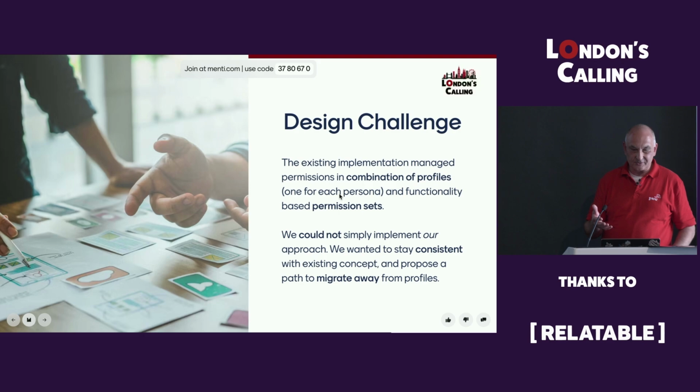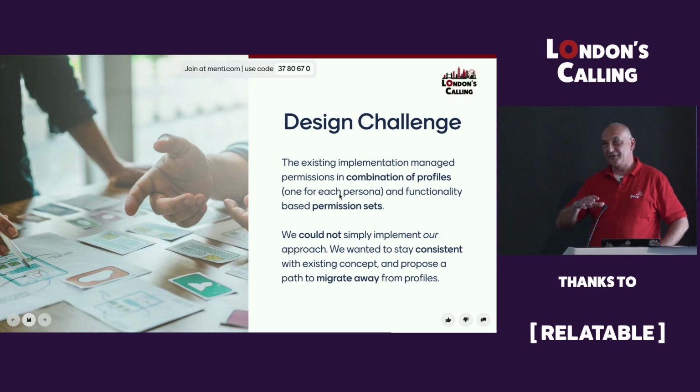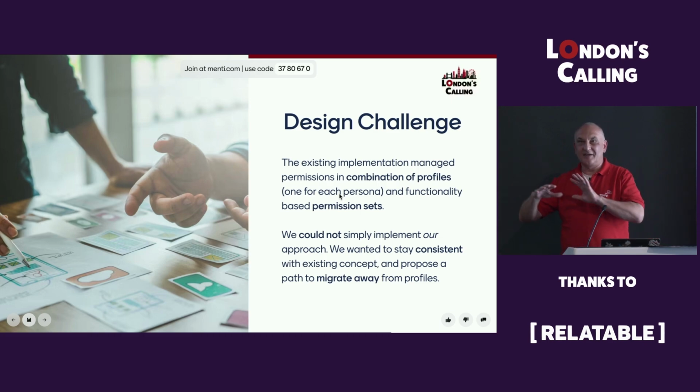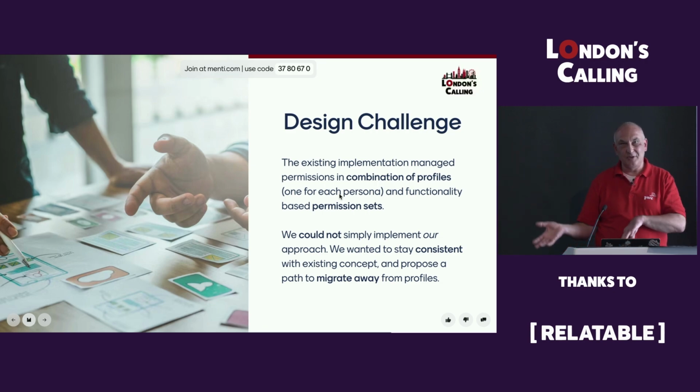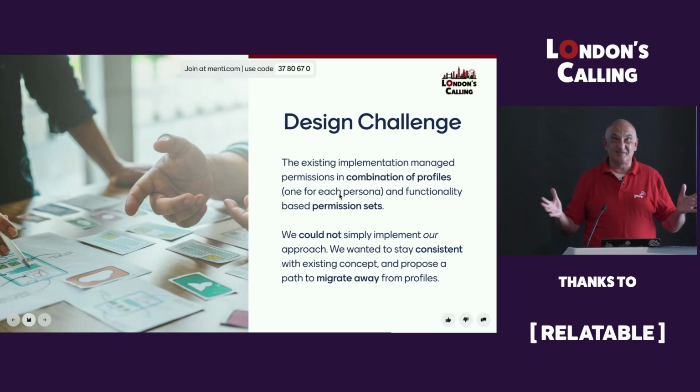It was clear that we could not just go with our existing permission set model with a minimum access profile and permission sets, because this was an existing org. And that client had defined everything in a combination of profiles and permission sets. So some access was defined on profiles, that had 4 or 5 profiles. Some was on permission sets.